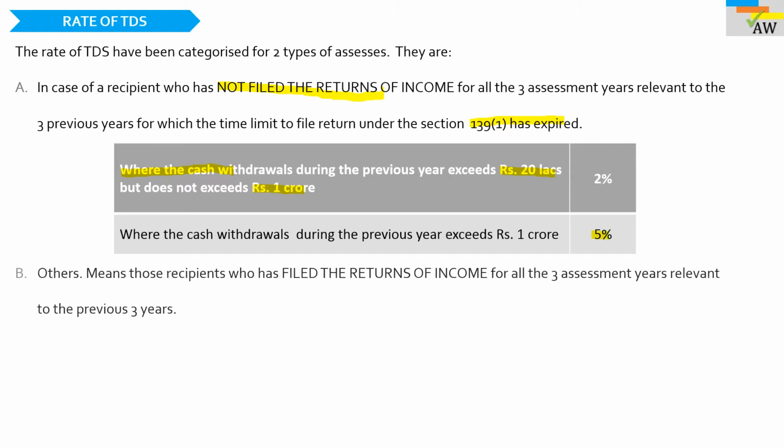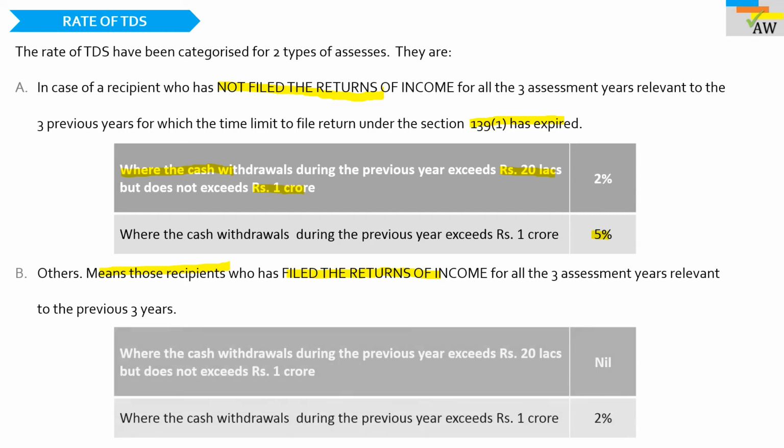Now the other kind of recipient is one who has filed the return of income for all the 3 assessment years relevant to the previous 3 years. For them, where the cash withdrawals during the previous year exceed rupees 20 lakhs but do not exceed rupees 1 crore, no TDS would be deducted.